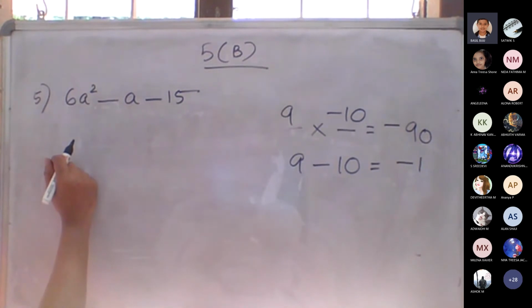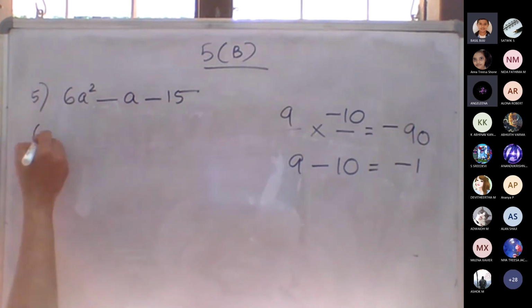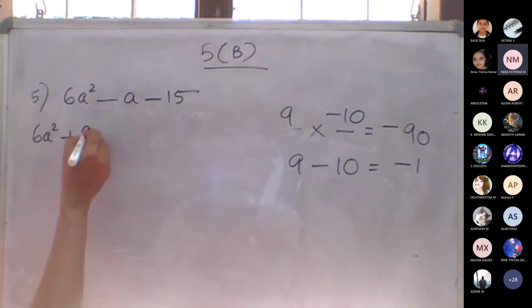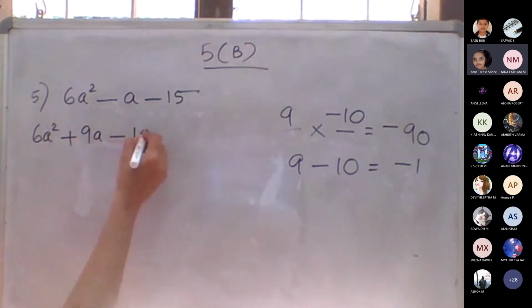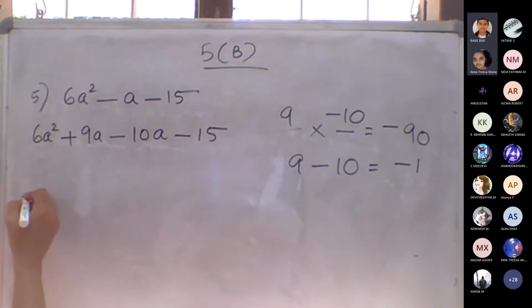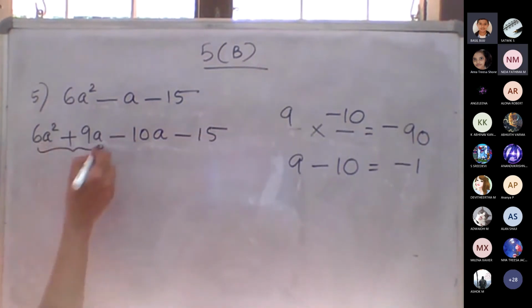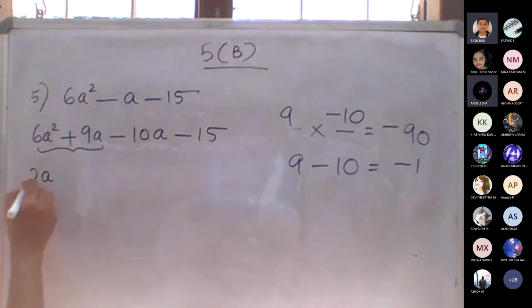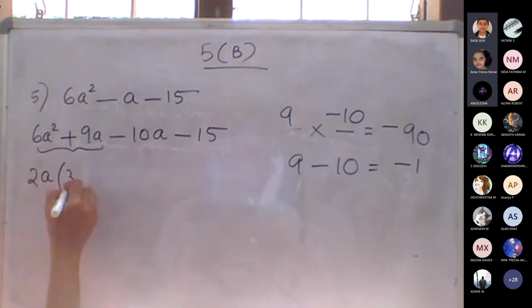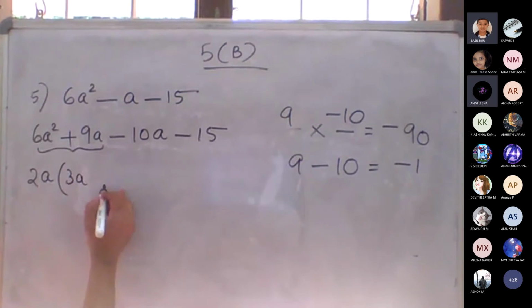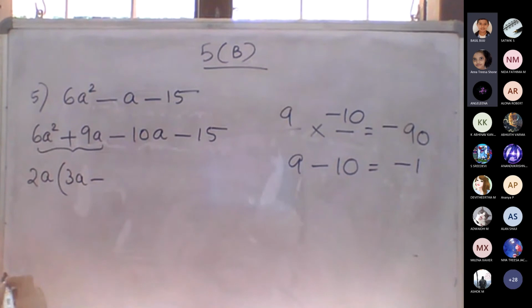6a square minus 10a plus 9a minus 15. Take 2a common: 2a into 3a minus 5, plus 3 into 3a minus 5.